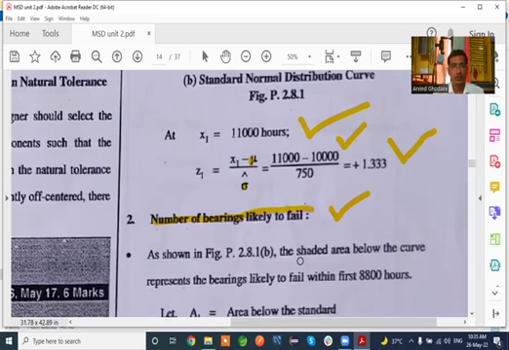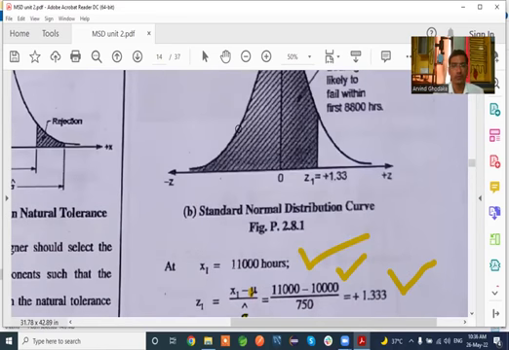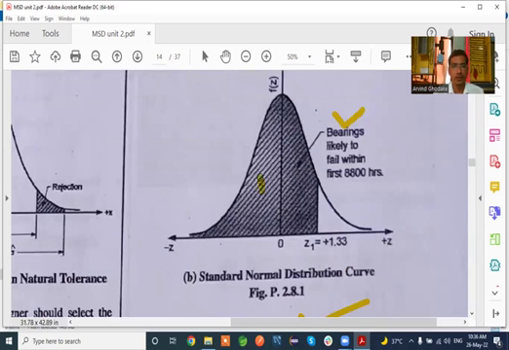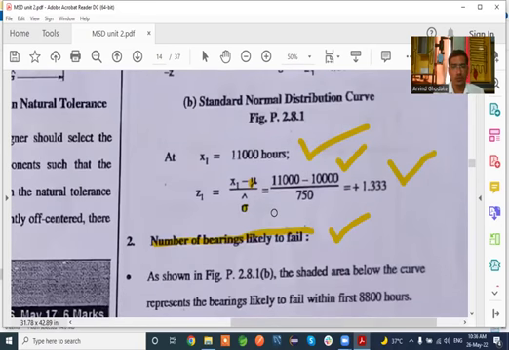As shown in figure 2.8.1b, the shaded area below the curve represents the bearings likely to fail within the first 11,000 hours.